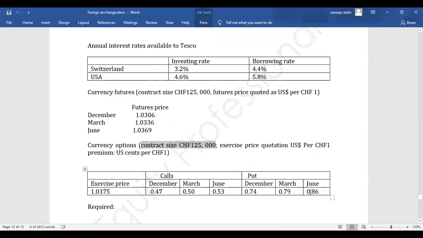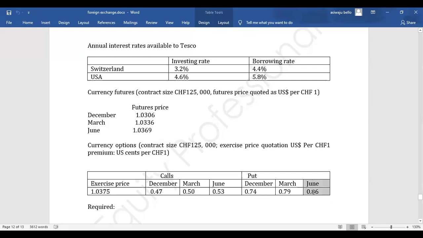It is important to determine the appropriate contracts and the appropriate expiring dates. The examiner will give you different rates for different dates and different contracts. Now we have selected put options, and under the put options, we are taking June.